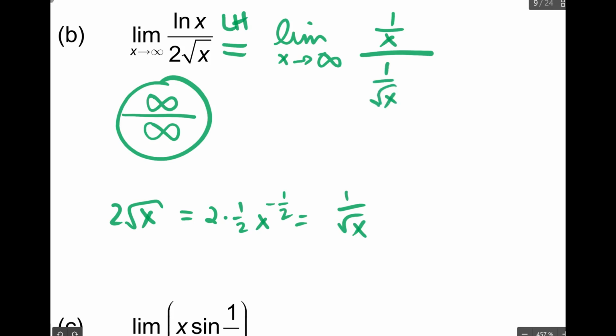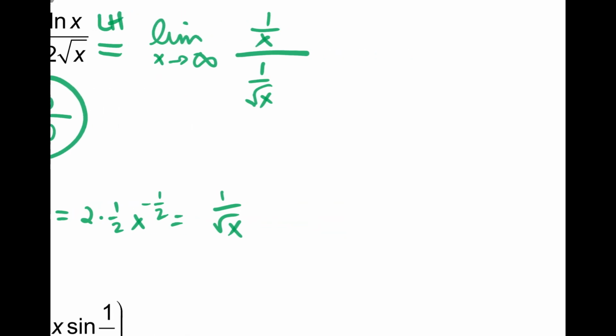Can I rewrite this? Instead of dividing by 1 over root x, I can multiply by root x over 1. So I'm dividing by 1 over root x, which means 1 over x multiplied by root x over 1.